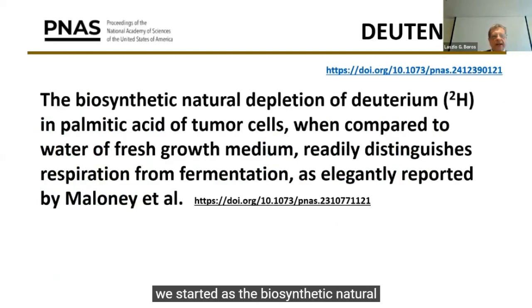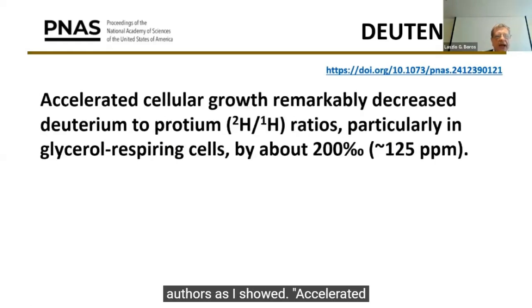So we started with the biosynthetic natural depletion of deuterium, especially in palmitic acid, which is a long chain saturated fatty acid, and it's a substrate for mitochondrial proton delivery. When compared to the water of fresh growth medium, there is a large change, or a pattern that you can differentiate between fermentation, as shown by the authors that I showed.